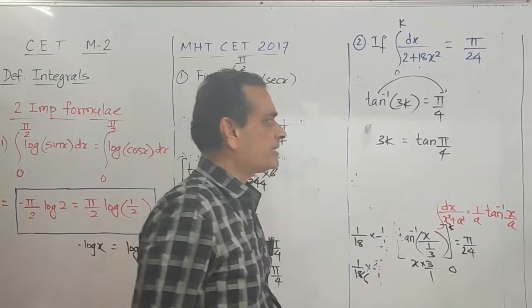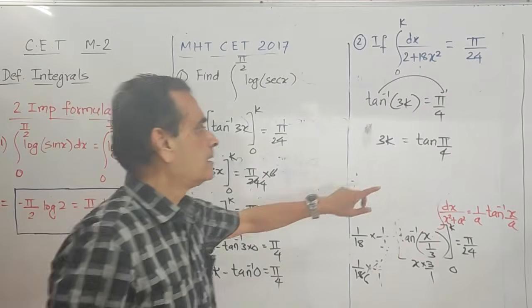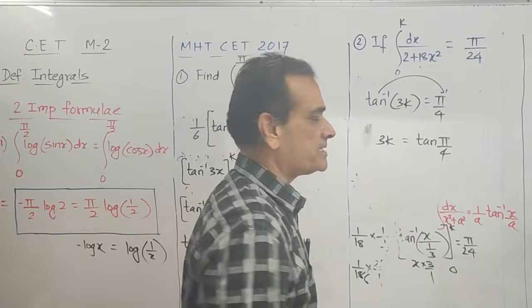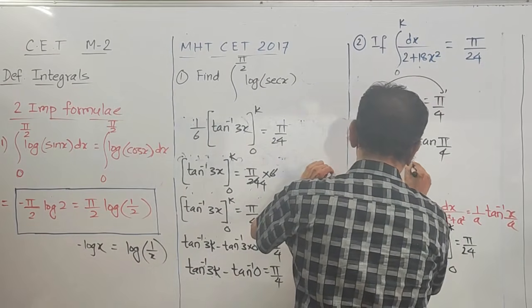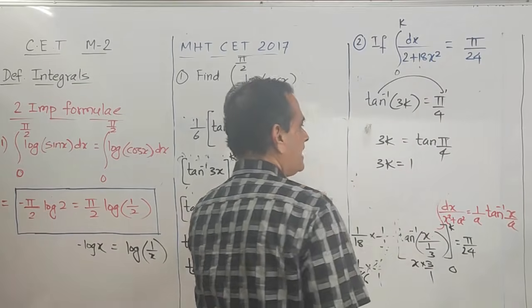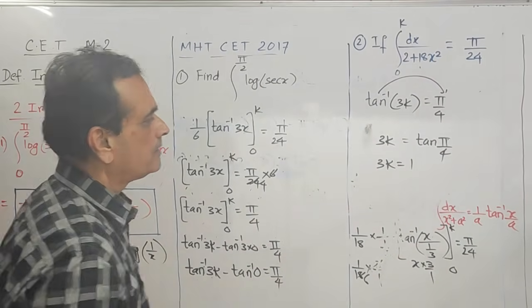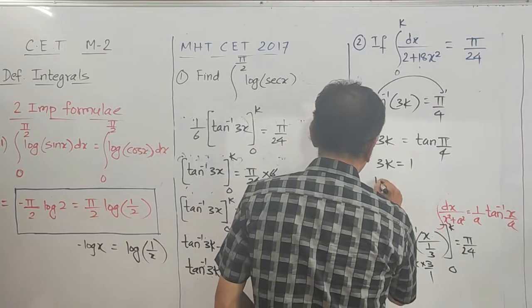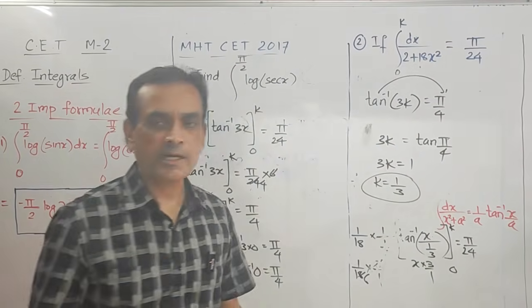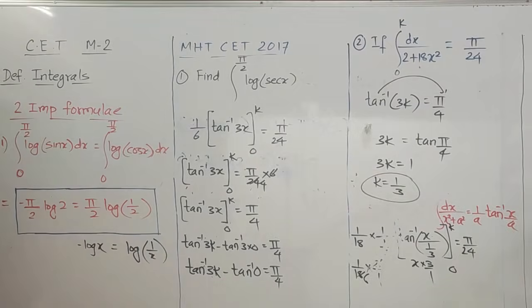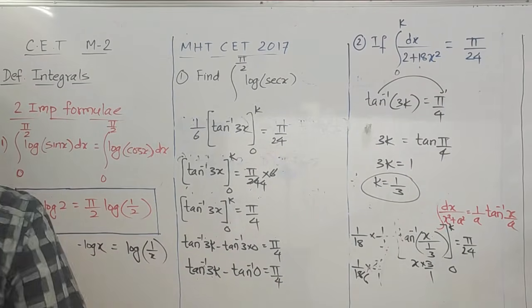Tan inverse gets converted into tan. Pi by 4 is 45 degrees. Tan 45 is 1. So the final answer is k equal to 1 by 3. That is the final answer. Okay?